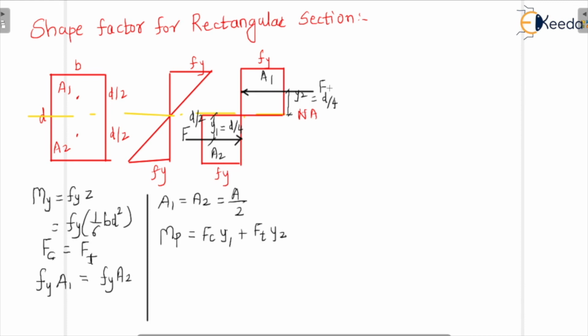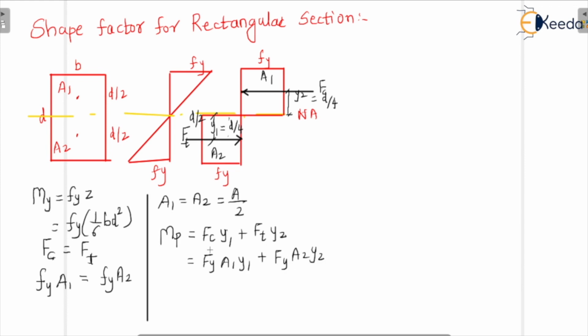We can say this is F suffix C, F suffix T, and the distance from the neutral axis to where it is acting in the middle section. We can further simplify it as Fy into A1 Y1 plus Fy into A2 Y2.